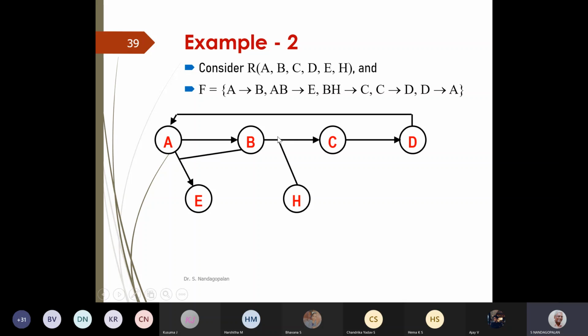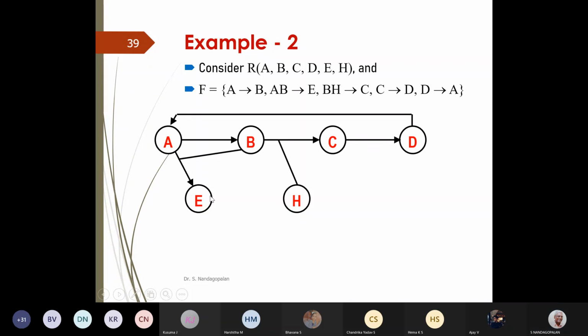Now, what are the other attributes which appear only on the right hand side? That means receiving side. See, again start from A. A, outgoing as well as incoming. So that's not the one which you are looking for. B, incoming as well as outgoing. C, incoming as well as outgoing. D, incoming as well as outgoing.